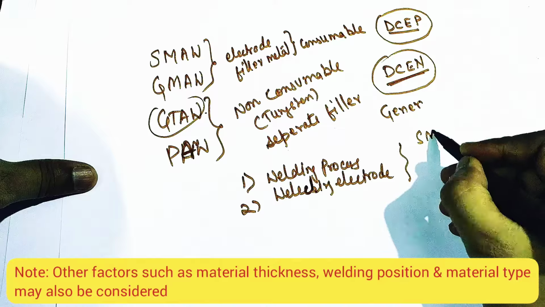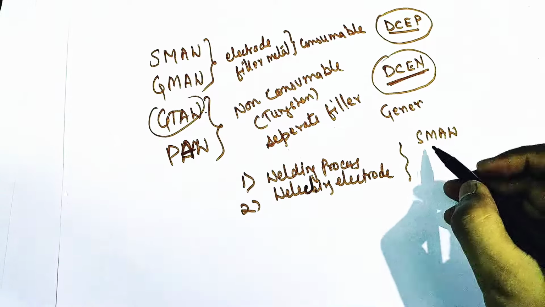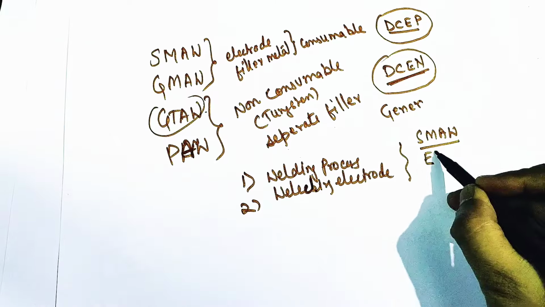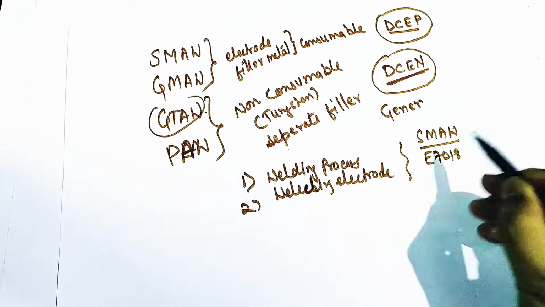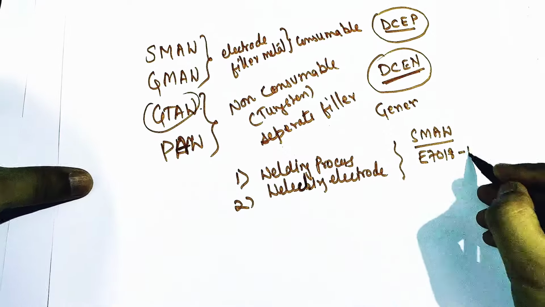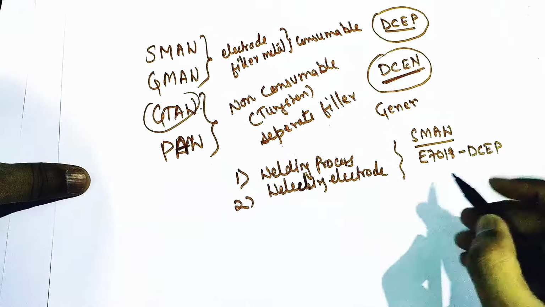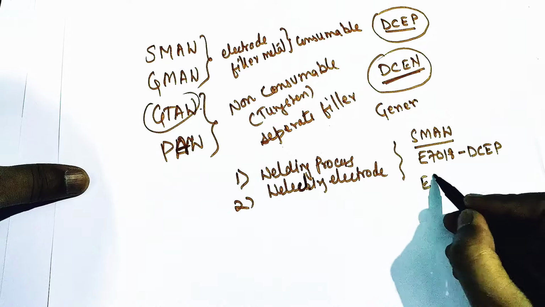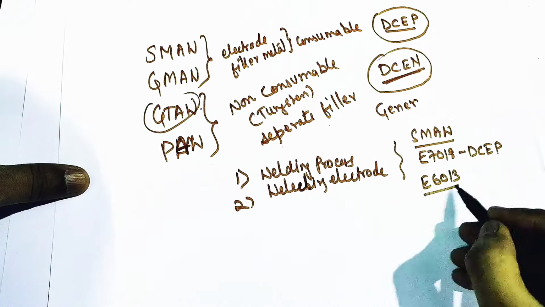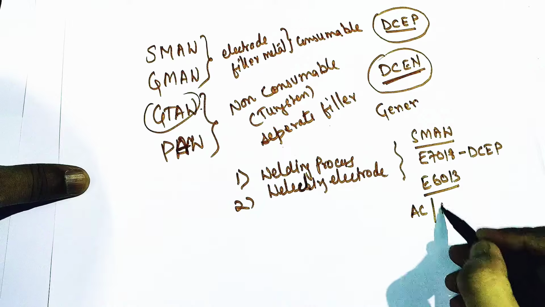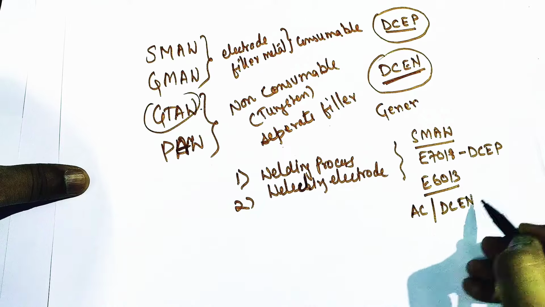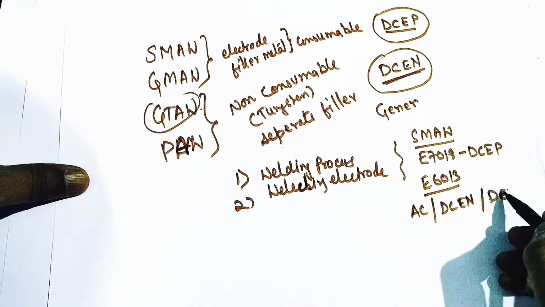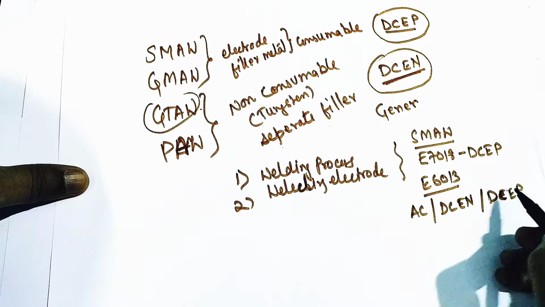For example, in SMAW, if we use E7018 electrode, it acts very well with DCEP configuration. But if we take E6013, then it acts with AC, DCEN as well as DCEP also.